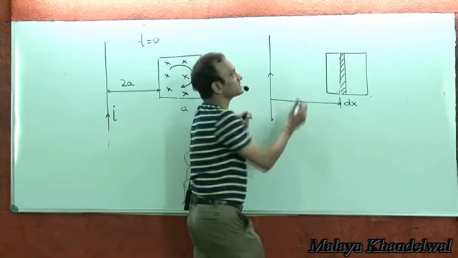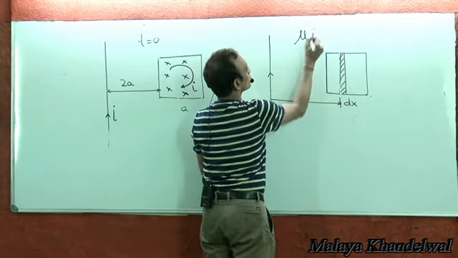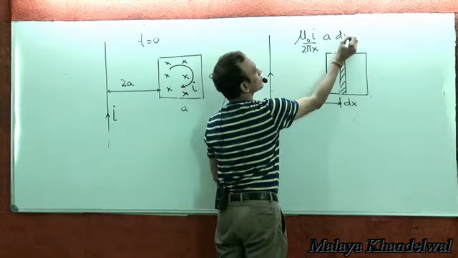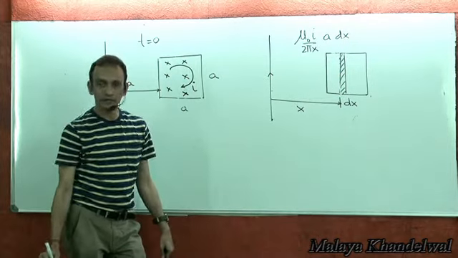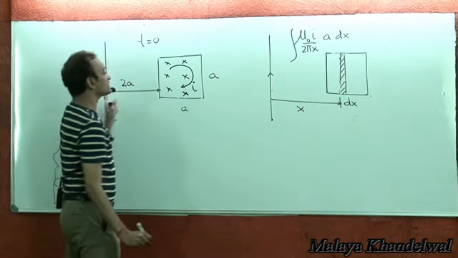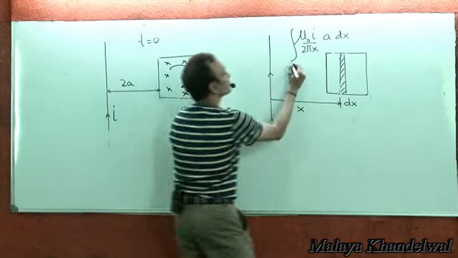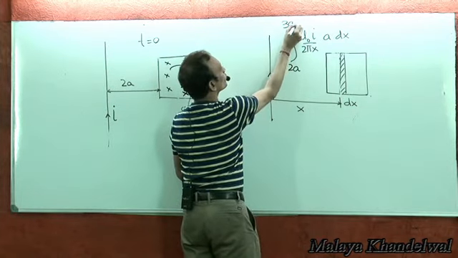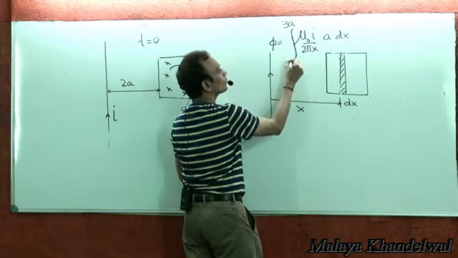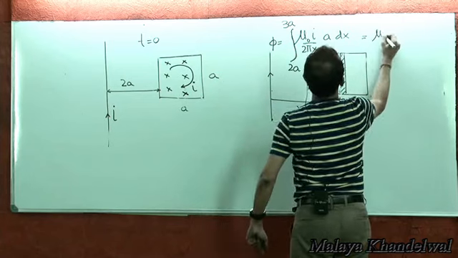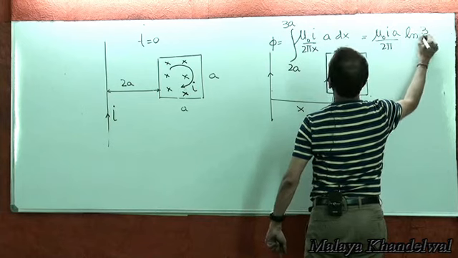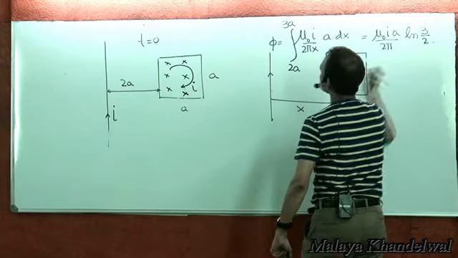Mu naught I by 2 pi x. The area of the strip is a into dx. So the total flux associated with this is the sum of all of this, where x runs from 2a to 3a, which is like mu naught I a by 2 pi log 3 by 2. That's the flux.